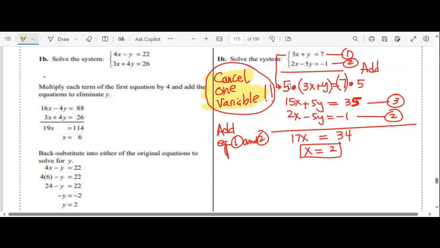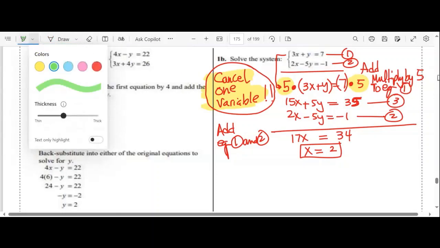The only technique that will help is to multiply equation 1 by 5. Is this clear? Clear or not clear?